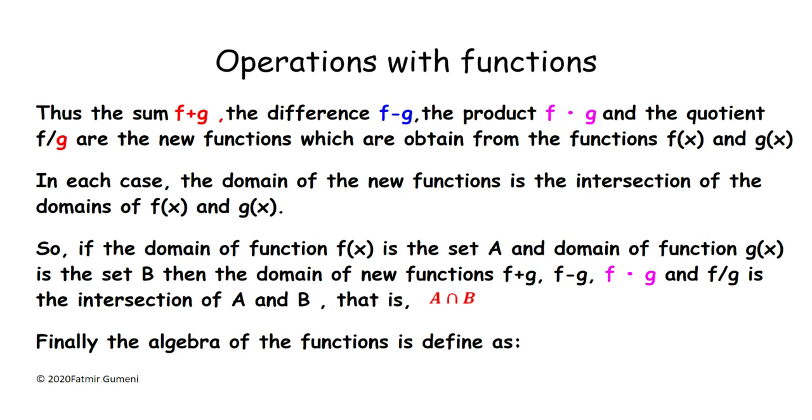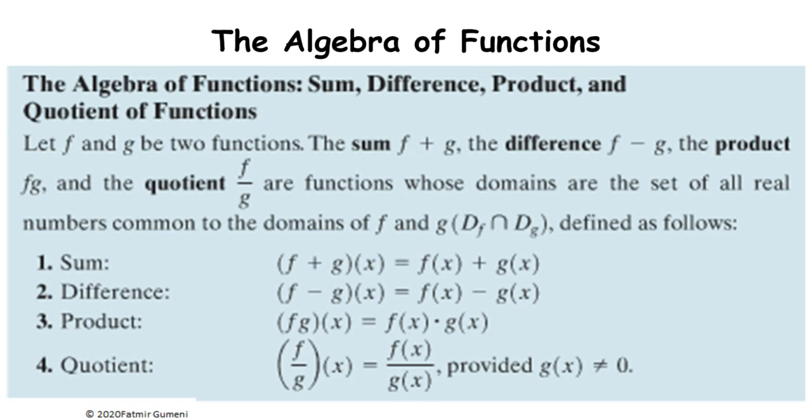Finally, the algebra of the functions, sum, difference, product, and quotient of the function. Let f and g be two functions. The sum f plus g, the difference f minus g, the product f multiplied by g, and the quotient f divided by g are functions whose domains are the set of all real numbers common to the domain of f and g, that is the intersection of D sub f with D sub g, where D sub f is the domain of function f and D sub g is the domain of function g of x.